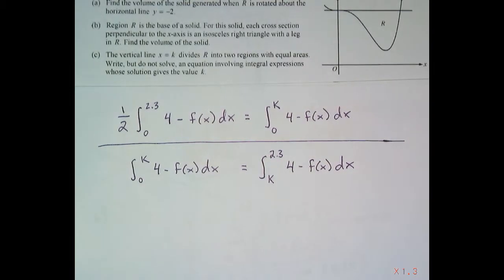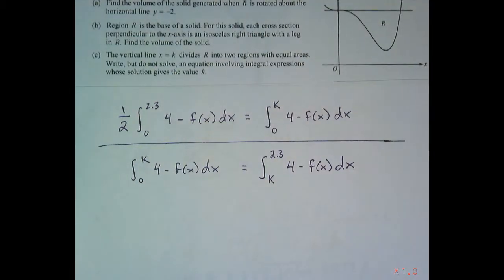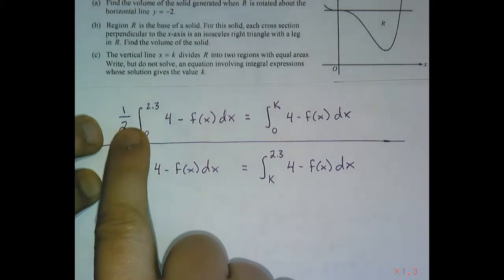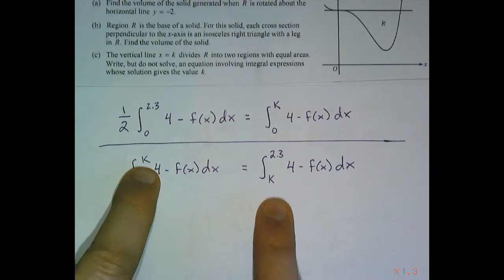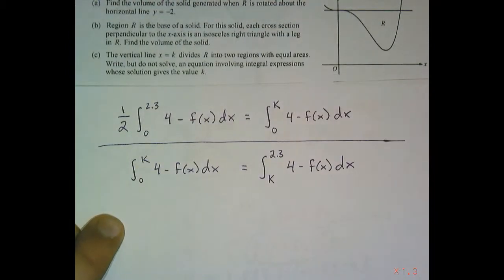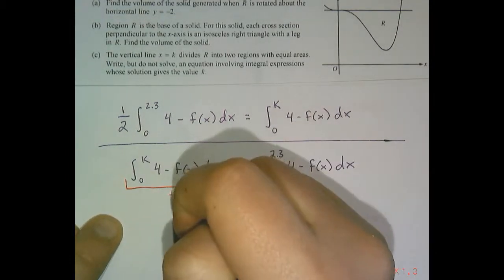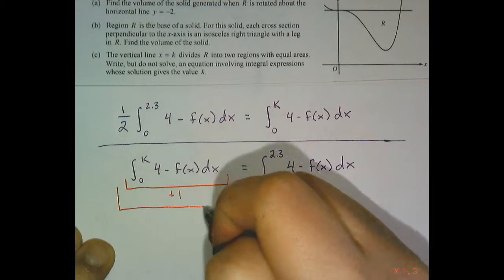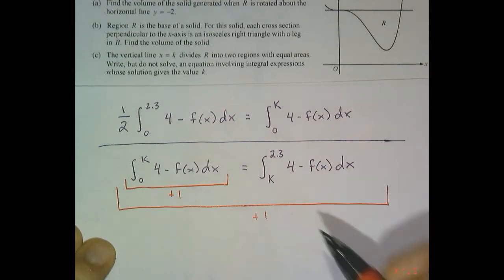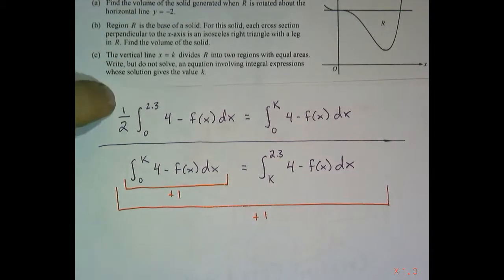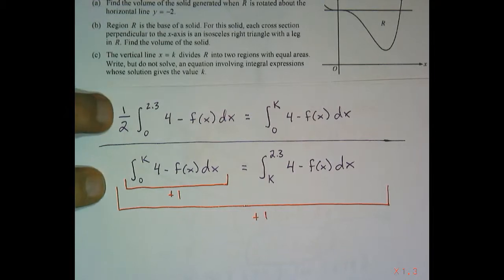Either one of these works, as long as you're demonstrating the concept of the area being split in half at the line y equals k, or sorry, x equals k. This is worth 2 points, area of one region. So I've got the area of one region, that gives me 1 point. And then the second point comes from an equation that works. Now there's more than one approach as demonstrated here, so pick your poison.